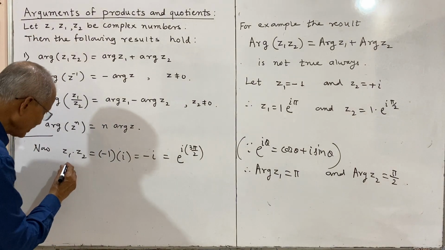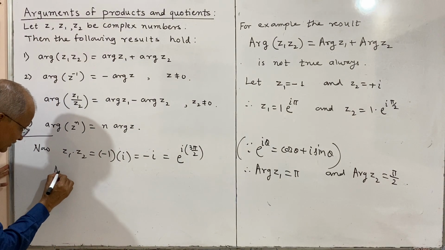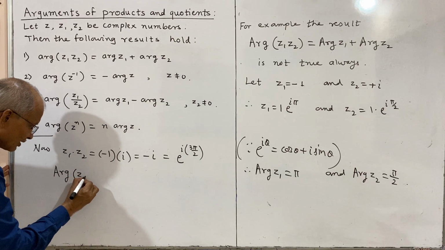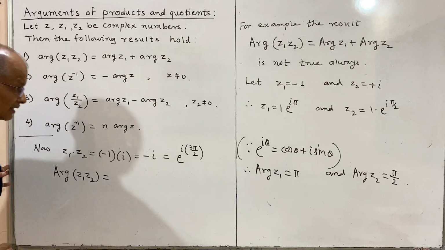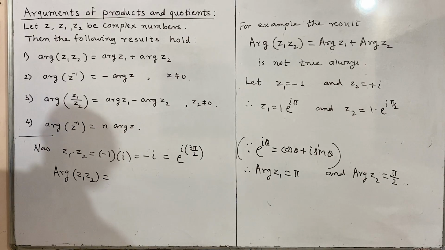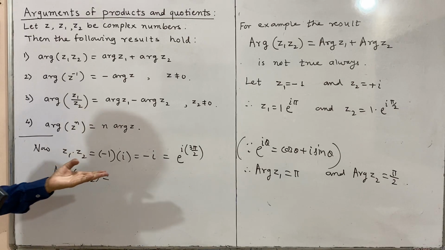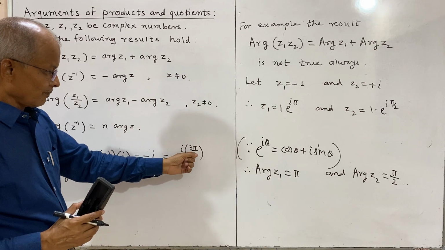And what is the argument of z1 z2? The principal argument of z1 z2 is 3 pi by 2, or rather, 3 pi by 2 is not the principal argument because it is greater than pi.